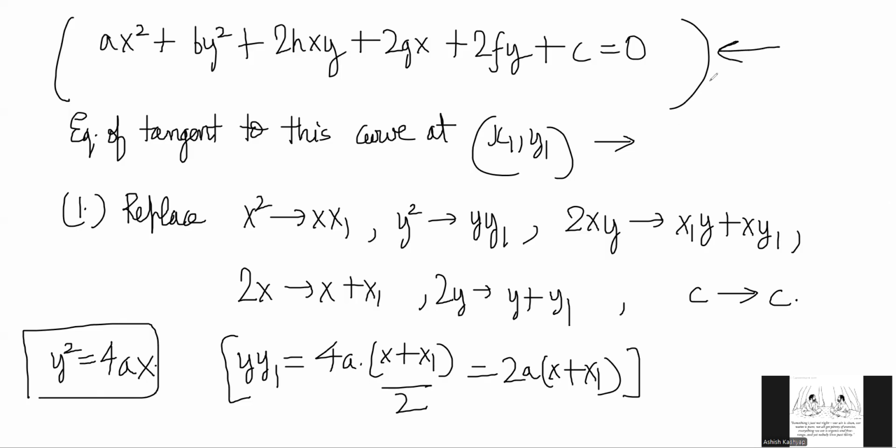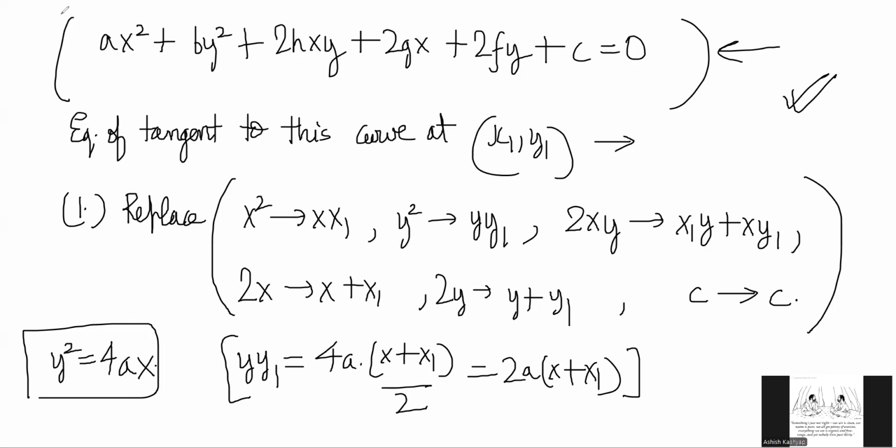If you know the point at which you need to find the equation of the tangent, all you need to do is replace these things in the curve equation and you will get the tangent equation directly. This is a very important method that everyone should know because it gives us the tangent equation in one step. The derivation can be done through calculus, and at a later stage we might even show you the derivation. Right now, you don't need to worry about it.